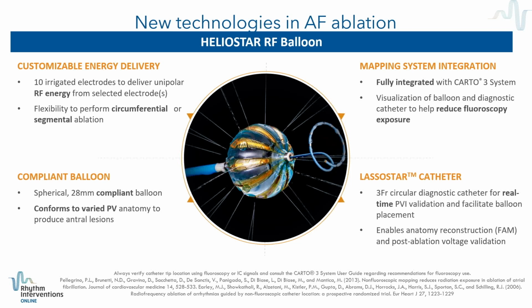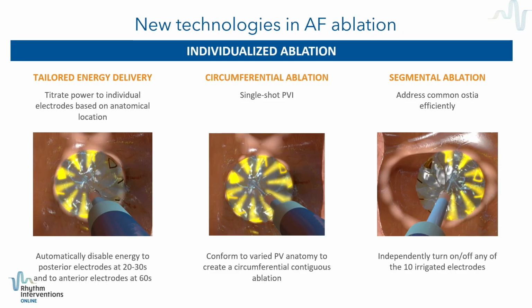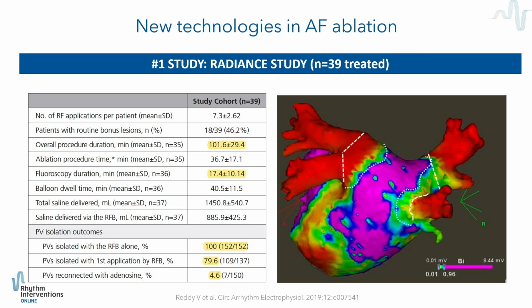The most recent new kit is Heliostar. It's an RF balloon, and I know, Richard, you have some experience with this. 28 millimeter irrigated gold electrodes, 15 watts ablation, and available with a circular mapping catheter as well. And it also offers the chance for segmental and individualized ablation, as you can see here.